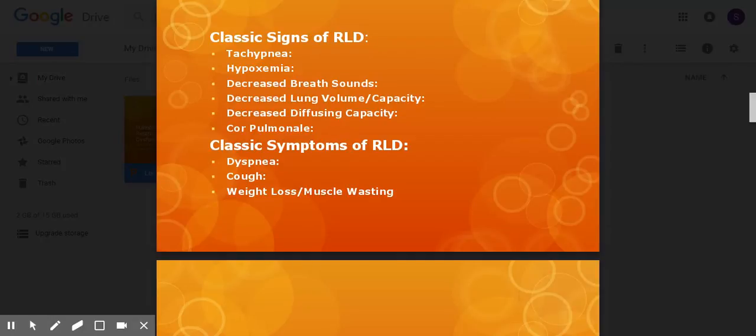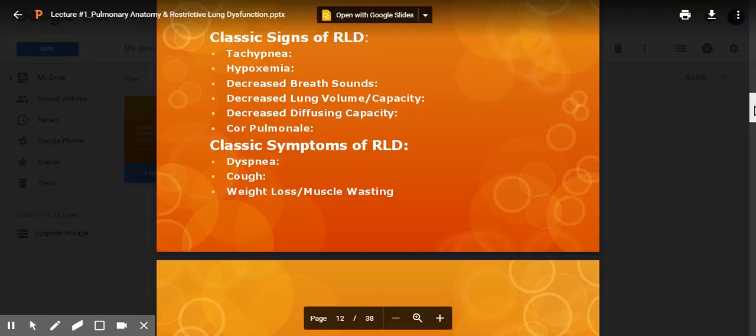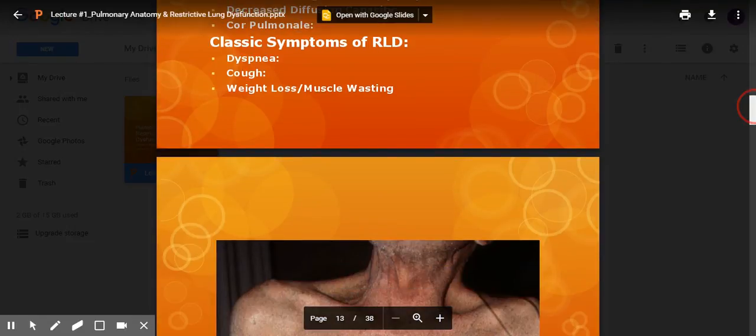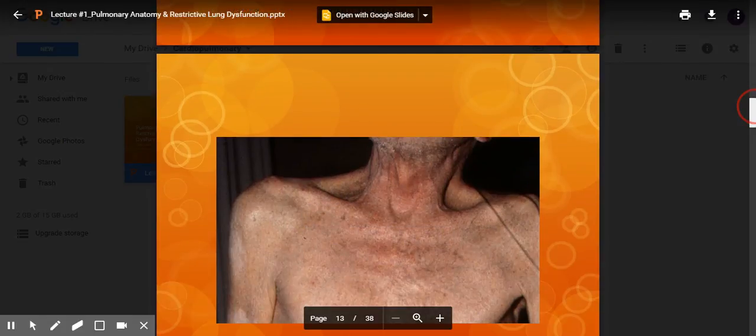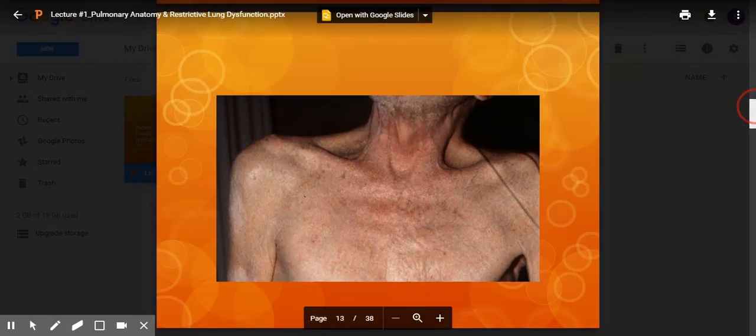Unfortunately, having worked with patients with restrictive lung dysfunction, what you start to observe is that many of these folks sadly can't take the time to eat, and eating becomes difficult because it takes time away from breathing, which has a dual influence on the weight loss and muscle wasting. They can't consume enough calories to keep up with the calories they're burning just to breathe, combined with the fact that stopping to eat gets in the way of consumption of food.